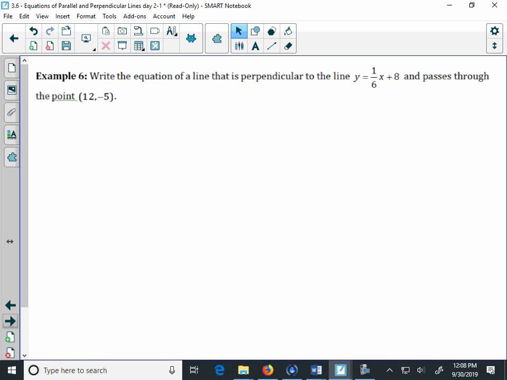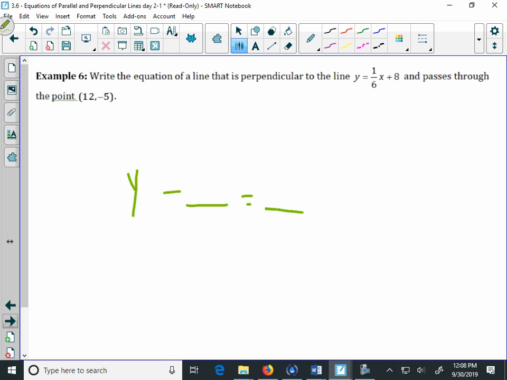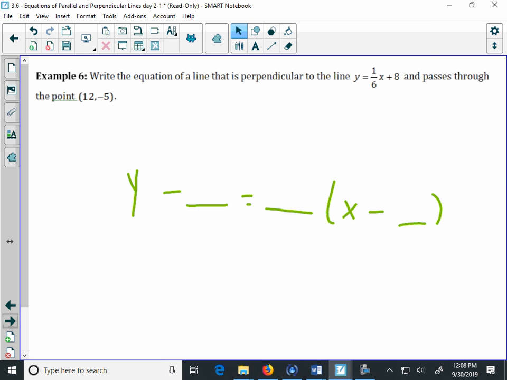If we take a look at 6, this is write the equation of a line that's perpendicular to the line y equals 1/6 x plus 8 and passes through the point (12, -5). Well, again, I'm writing an equation of a line, so y minus something equals something times x minus something. Let's figure out our slope to plug in.